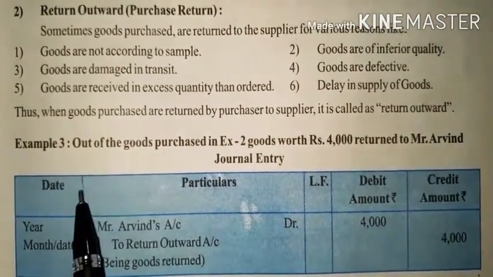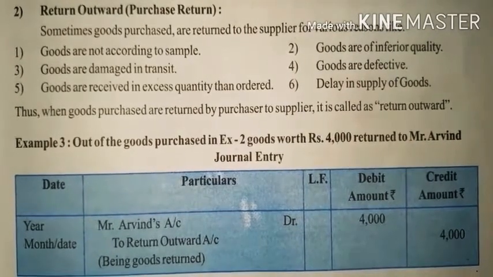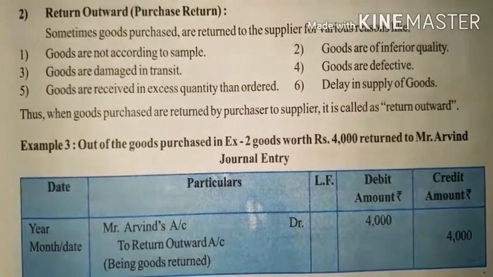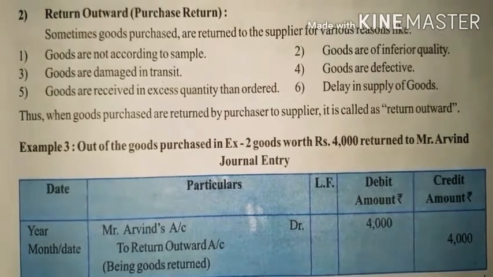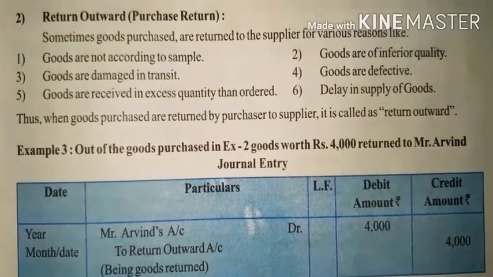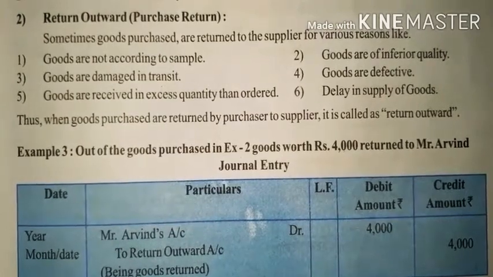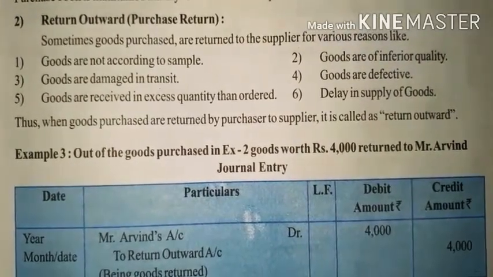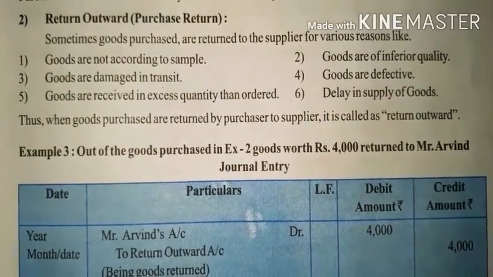So the goods we have purchased in total are of rupees 10,000. Out of 10,000, 4,000 amount of goods were returned to Mr. Arvind. So just 6,000 amount of goods is left with us and 4,000 amount of goods is returned back to Mr. Arvind, that is the seller or the supplier.